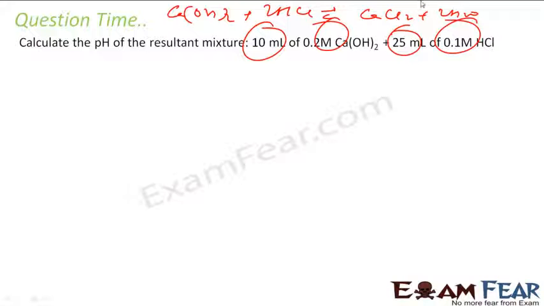This is the reaction here, right? So at t equals 0, what is the concentration of Ca(OH)2 and HCl? That is something we have to find.